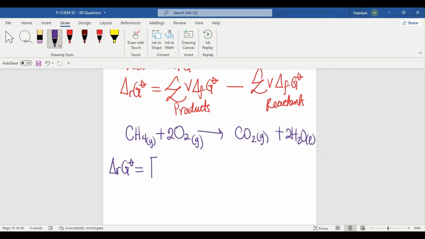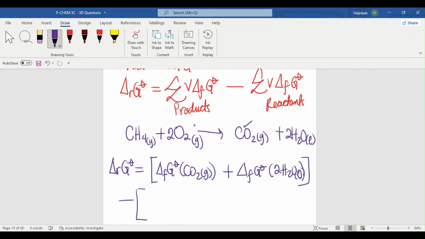We work on the products first: the Gibbs energy of formation of the first product, CO2 gas, plus, because the summation means we add them up, the Gibbs energy of formation for the second product, 2H2O liquid, minus, now focusing on the reactants, the Gibbs energy of formation for the first reactant, CH4 gas, plus the Gibbs energy of formation for the second reactant, 2O2 gas.